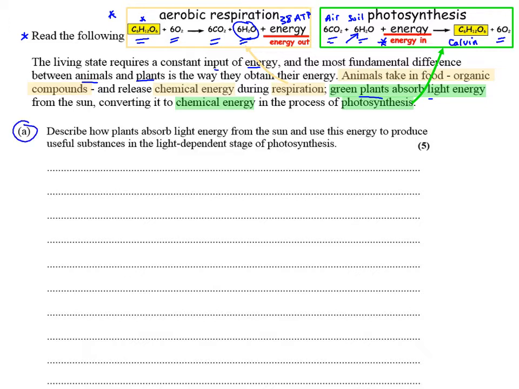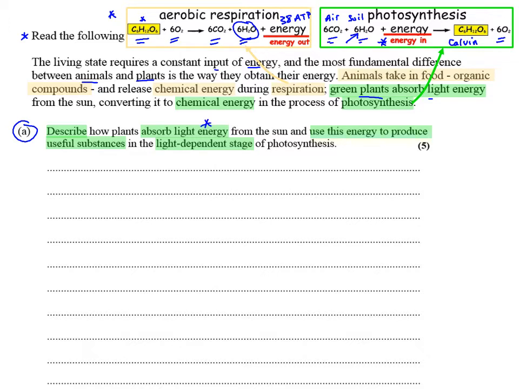So question A says, describe how plants absorb light energy from the sun, and then how they use this energy to produce useful substances in the light-dependent stage of photosynthesis. So we need to think, first off, how plants actually absorb the light energy.